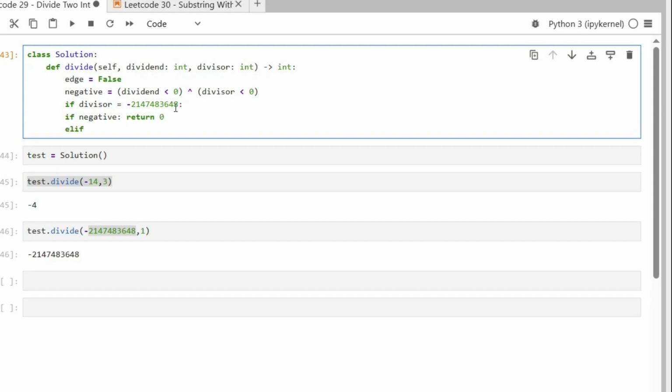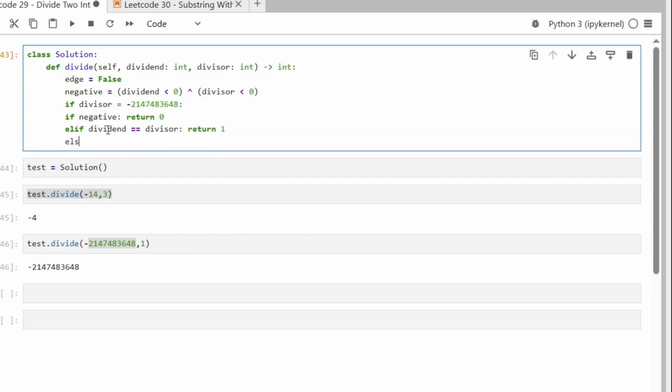Elif, if this number actually is negative, it could be the same negative number, the result will be 1, or a technically bigger negative number, but as absolute value less than this, so the result will be 0. So if dividend equals divisor, in this case we return 1, else what's left is return 0. This is the edge case solution.